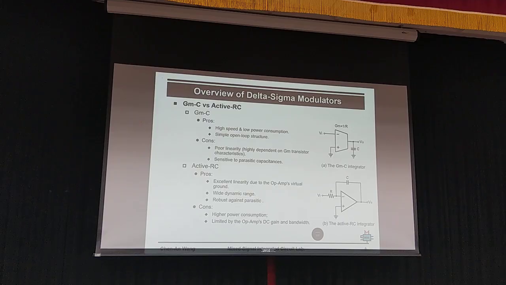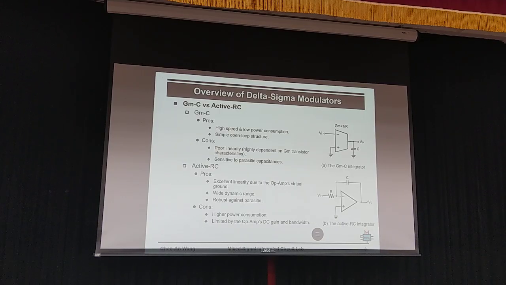Next, let's look at the circuit-level implementation of the first-stage integrator. The gm-C integrator offers high speed and low power consumption, but its linearity is poor because it heavily depends on the transconductor transistor characteristics. Under a low supply voltage, a large signal swing will have severe harmonic distortion. So to overcome this linearity bottleneck, this work adopts the active-RC integrator for our first stage.